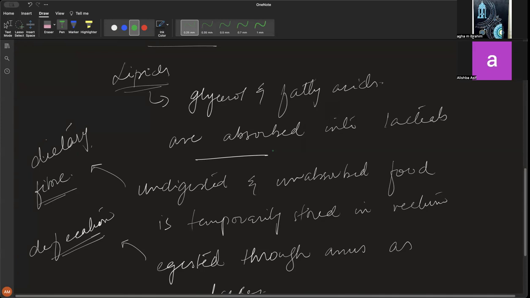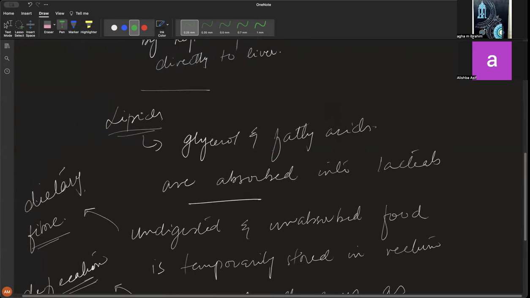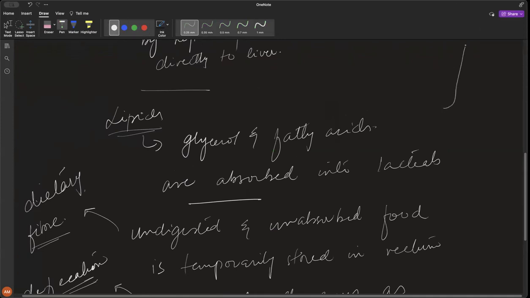I'm saying that if you could recall the villus, it was like this, right? Villi or villus. It had lacteals in it. Each villus has one lacteal, and it also has a blood supply. The lacteals, this blue part, are responsible for absorption of glycerol and fatty acids.